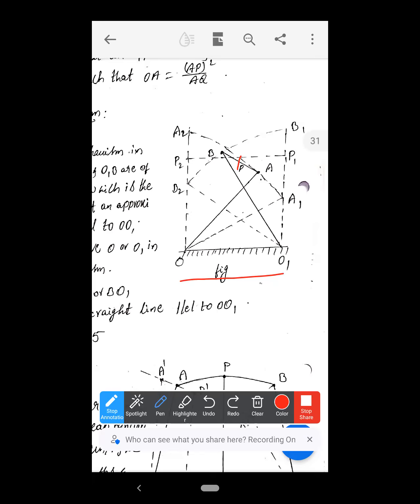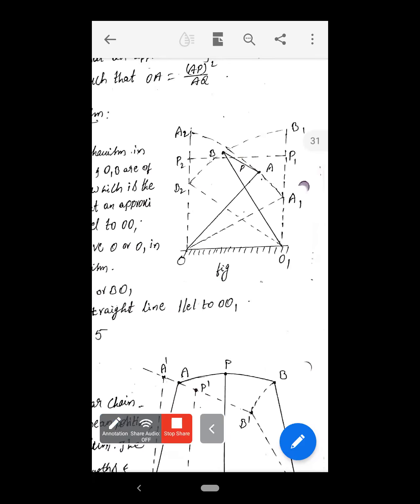But when we place a pin at the midpoint of AB, that generates the straight line motion, and that motion is parallel to O1.